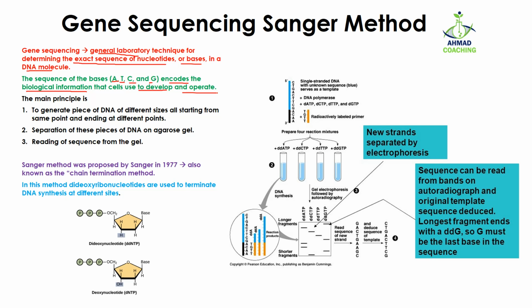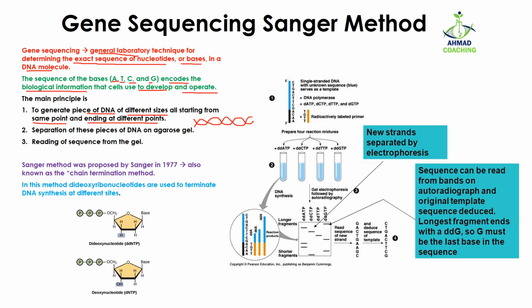Now, how can you do the gene sequencing? The main principle is to generate pieces of DNA of different sizes, all starting from the same point but ending at different points. For example, I have a DNA and I want to do the sequencing.